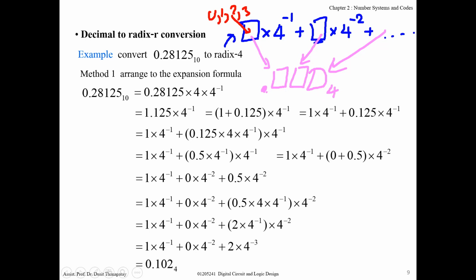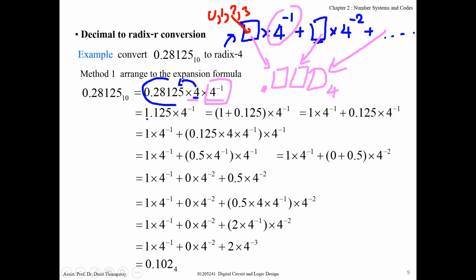Okay, for example, this one. For this one, I multiply and divide it by 4. Totally it is 1, right? So the value itself does not change. Okay, and I keep this one because I want to write in this form. That means I multiply 4 to this number.